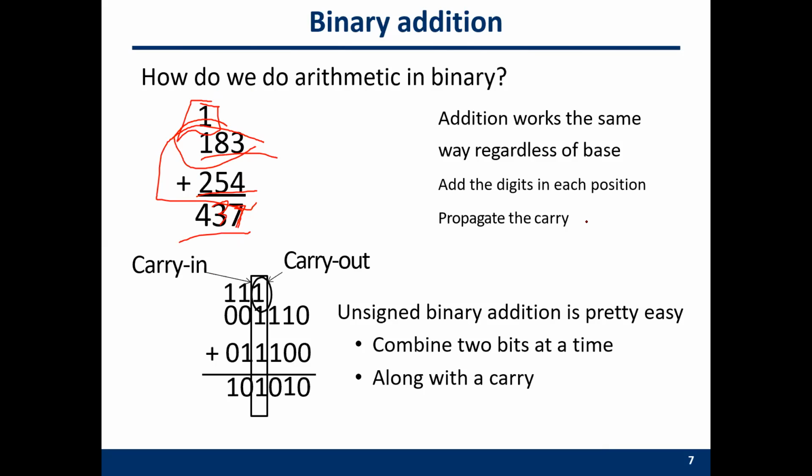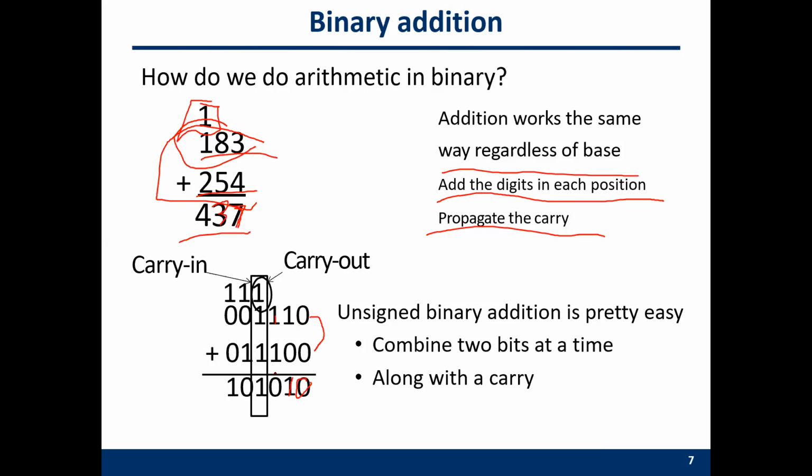And during the addition, we also need to propagate the carry. We just add the digits in each position, and we do not care about the base. For example, for base 2, we can also directly do the addition. 0 plus 0 is 0. 1 plus 0 is 1. 1 plus 1 is 2.